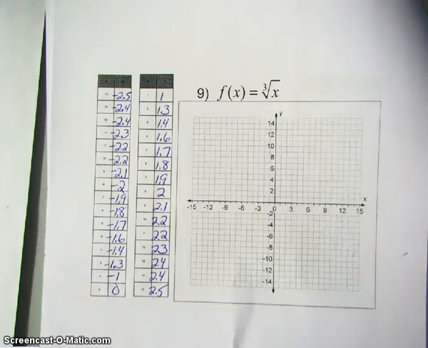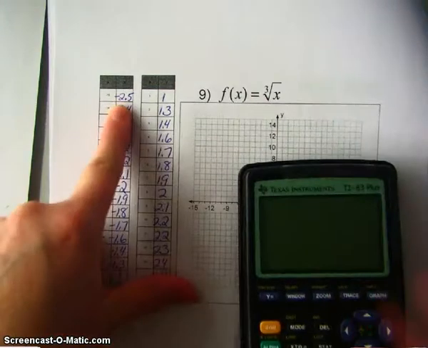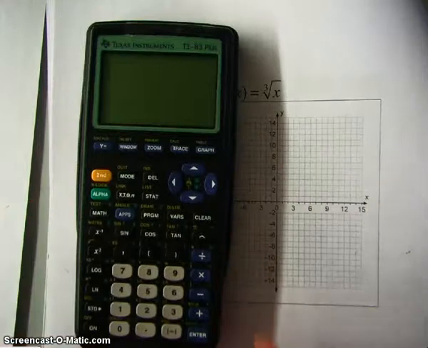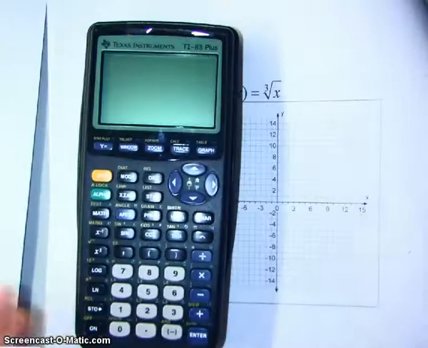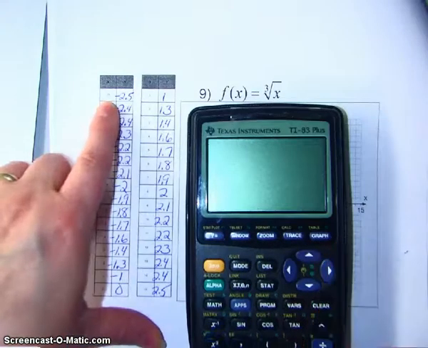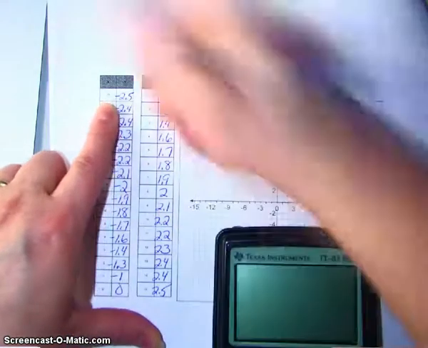I'm getting a calculator. If I wanted to find the y for x equals negative 15, this says negative 15 over here.